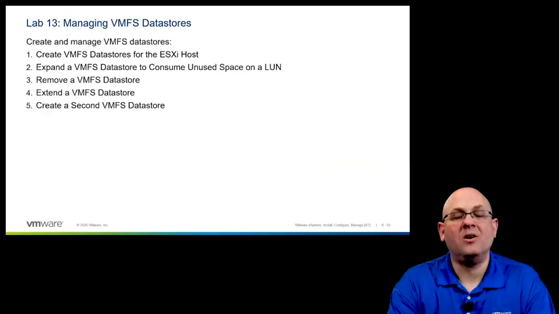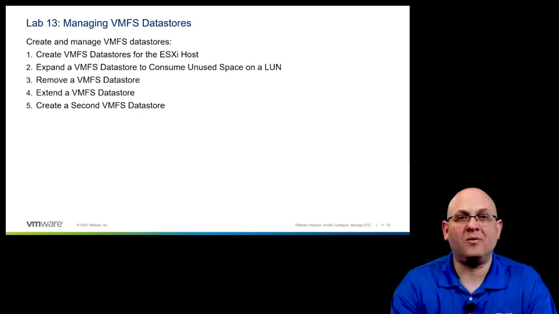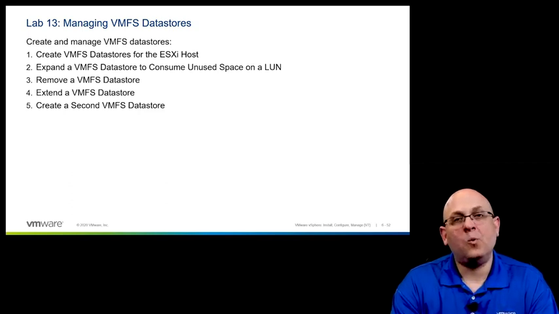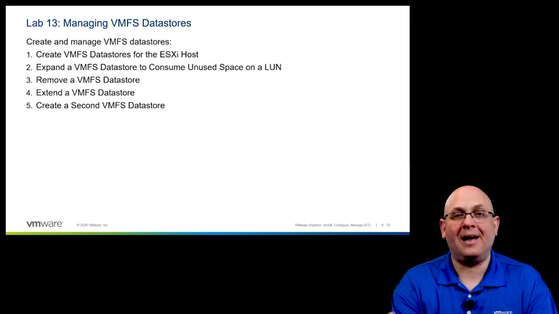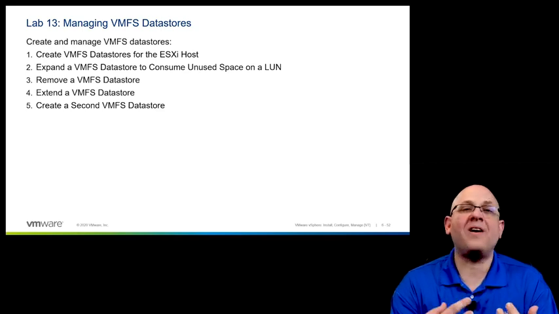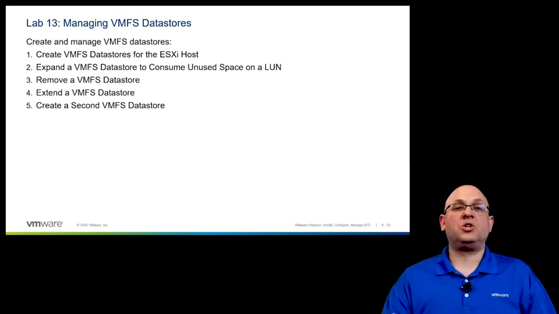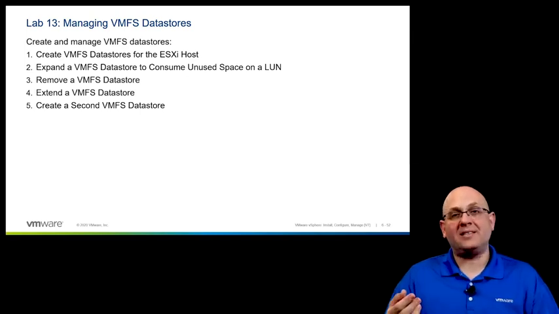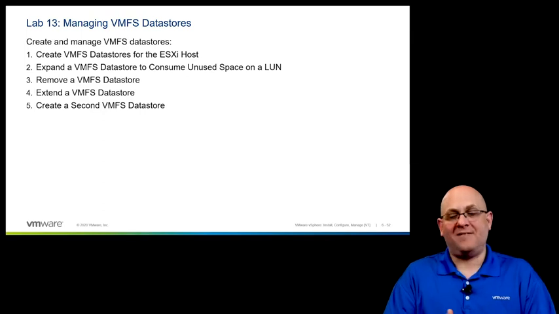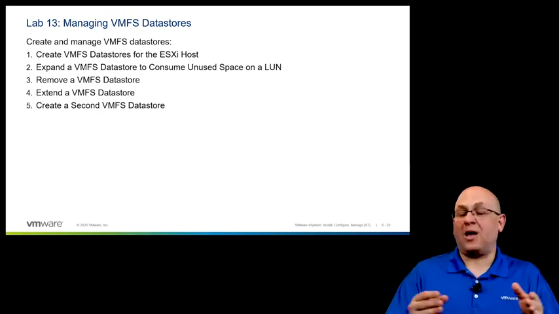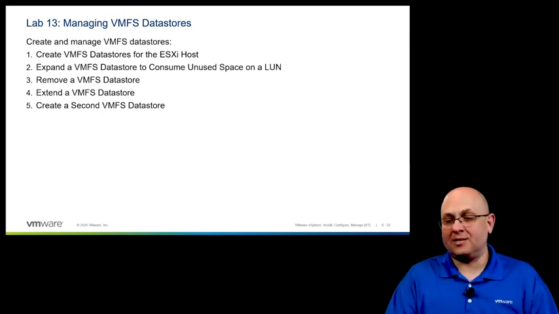So that does it here for lesson number 4. When we hit the lab at this point, we're going to do a number of exercises to show us how easy it is to both create a VMFS data store and to modify a VMFS data store. We'll start by creating the VMFS data store.